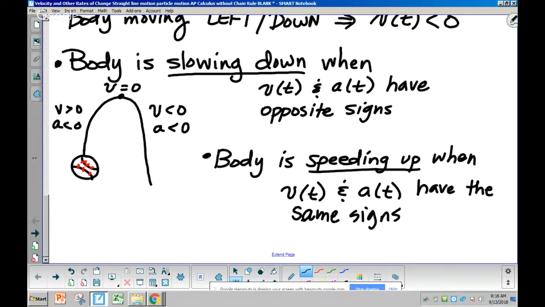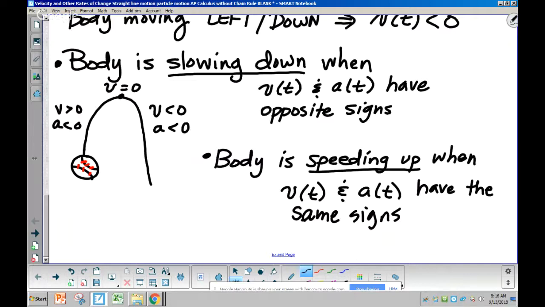So is it enough to know what the acceleration is? No, you have to compare the acceleration and the velocity's directions in order to know if they are working together or working against each other. All right? So those are my one-page notes on motion.